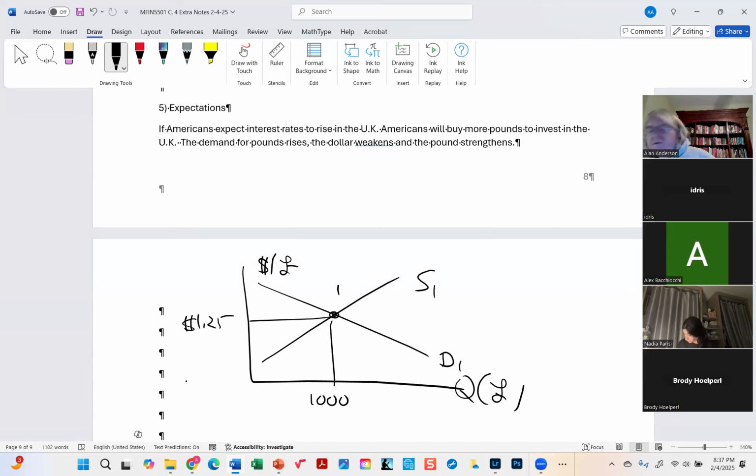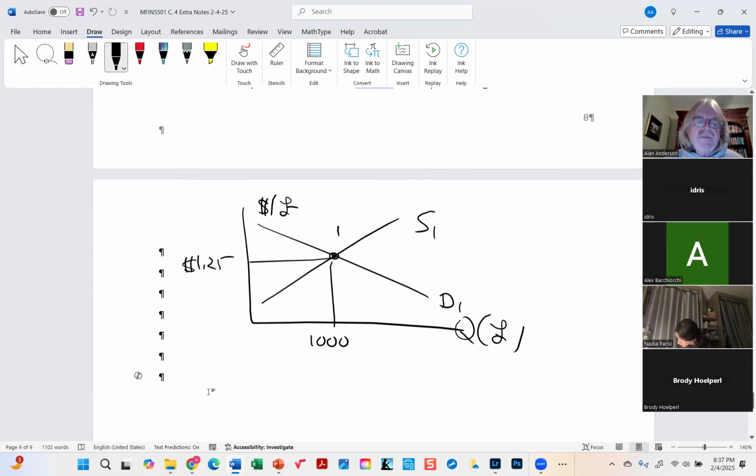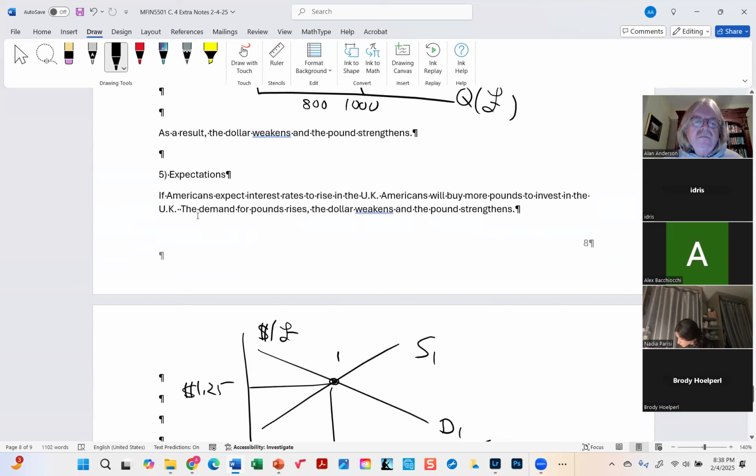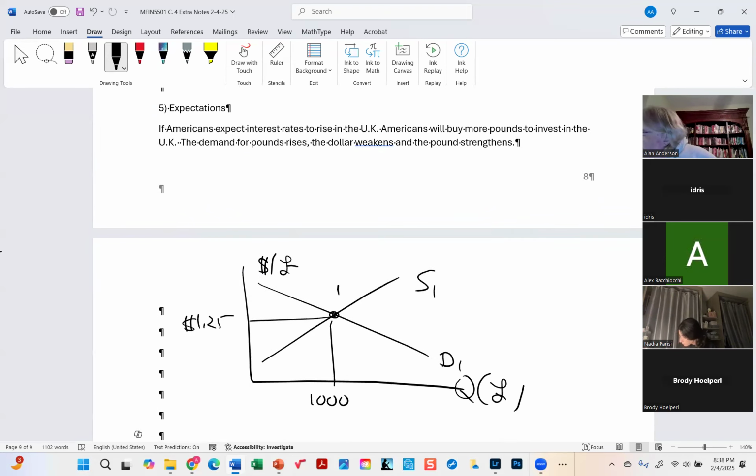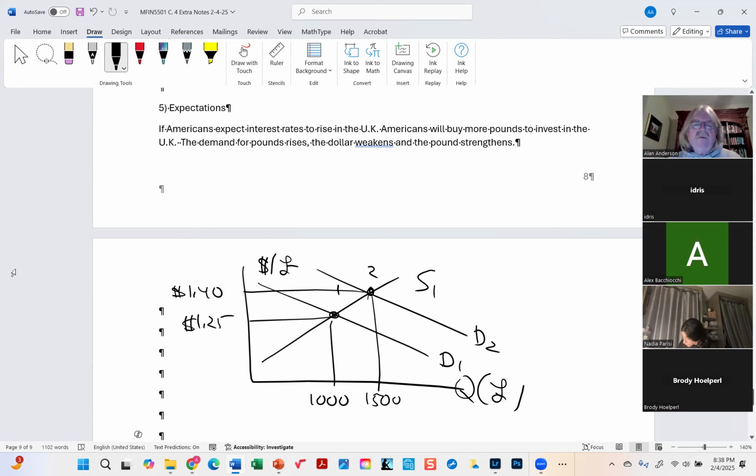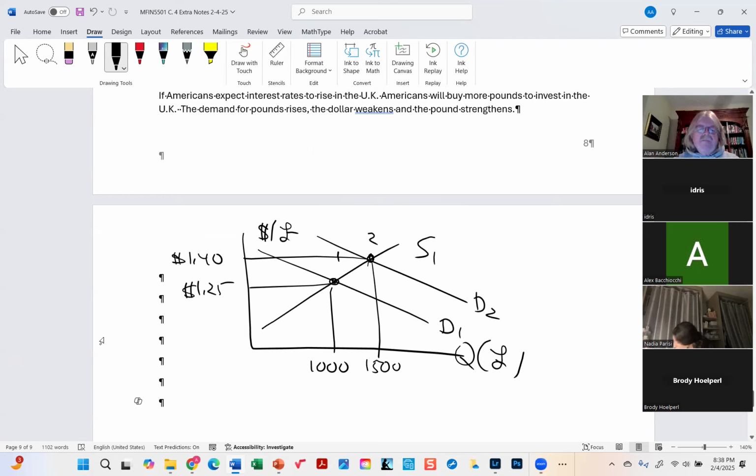So US demand for pounds goes up, and we end up here. So, in other words, with the higher demand for pounds, the dollar weakens and the pound strengthens.